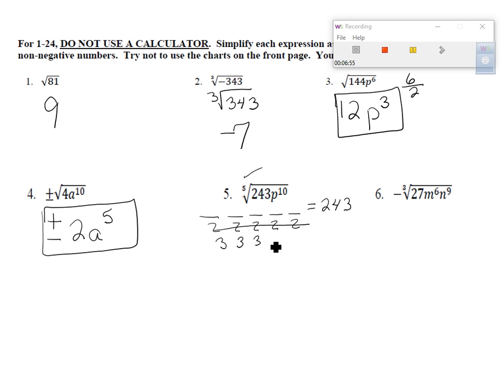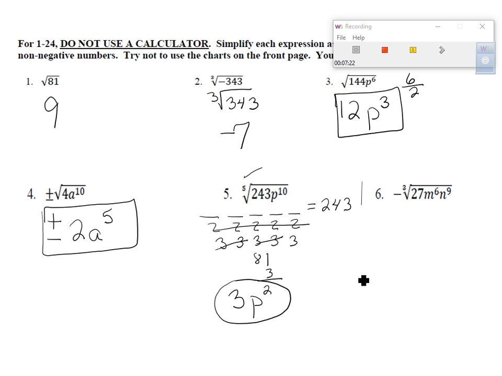Remember, you're doing all of this without a calculator. 3 times 3 is 9. There's another 9, so I'm up to 81. 81 times 3 is 243. So the 5th root of 243 is 3. P to the 10 divided by 5 is 2. So there's my answer, 3p squared.